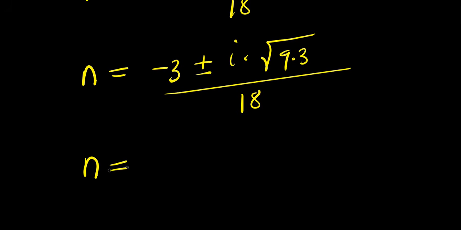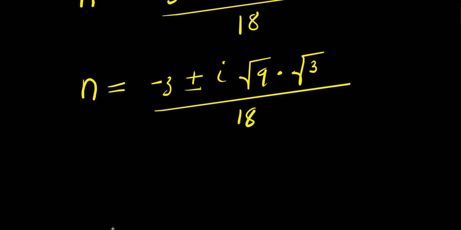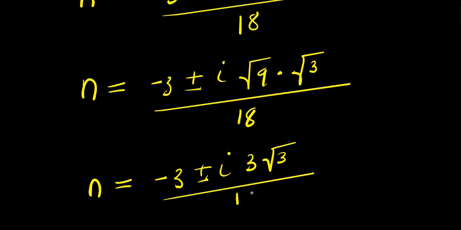So from here, you have n equals -3 plus or minus i times this is square root of 9 times square root of 3 divided by 18. So from here, I have n equals -3 plus or minus i times square root of 9, this is 3 times root 3, divided by 18.